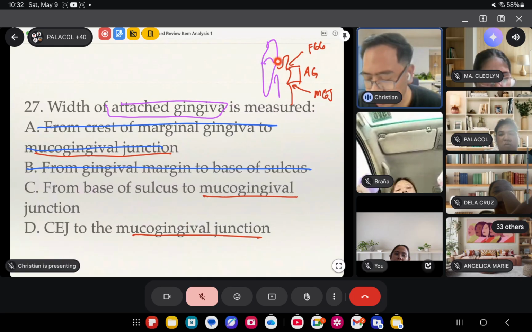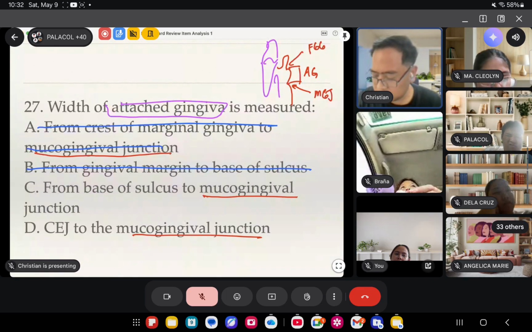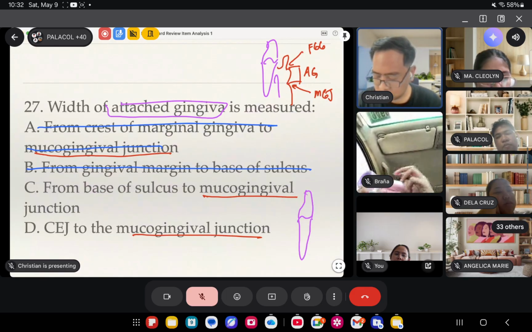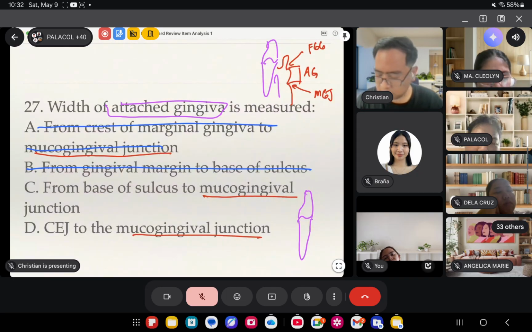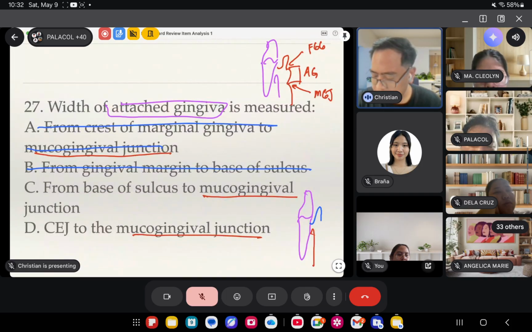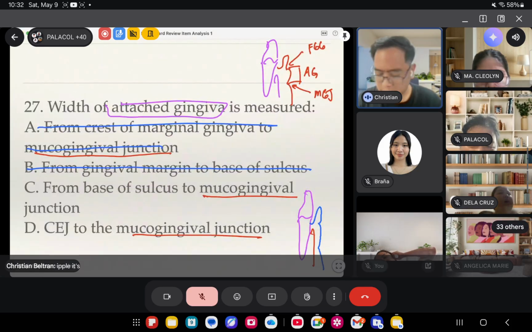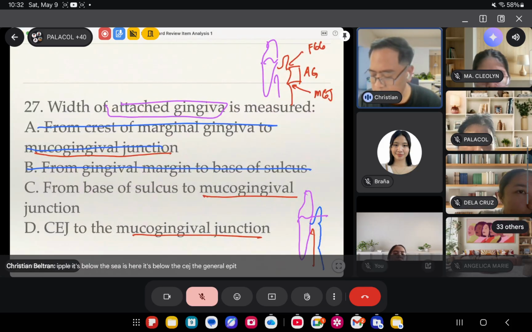Sometimes your CEJ, let's draw it. Actually, it's below the CEJ. The junctional epithelium is always below the CEJ.